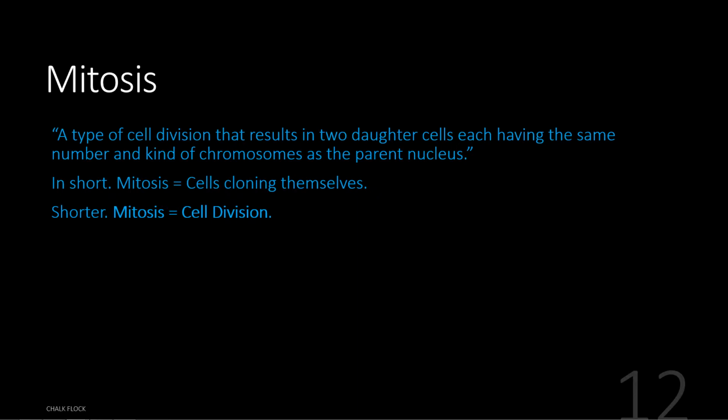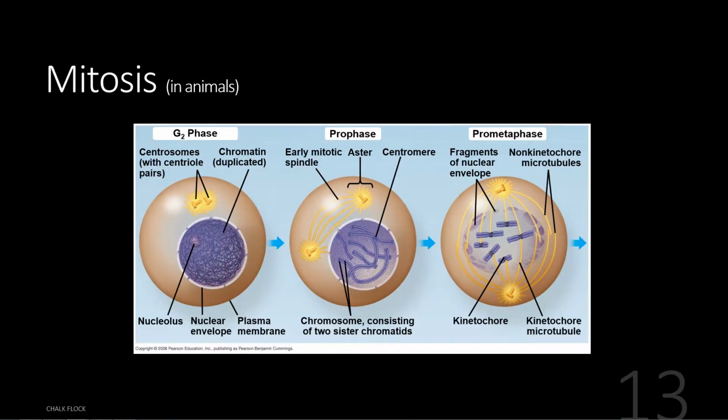Let's take a look at how mitosis works, shall we? Remember, we had the different phases, and the phase right before mitosis was growth phase 2. And remember, growth phase 2 was part of interphase. In growth phase 2, we already have double the amount of chromosomes. We have 46 chromosomes in the cell.